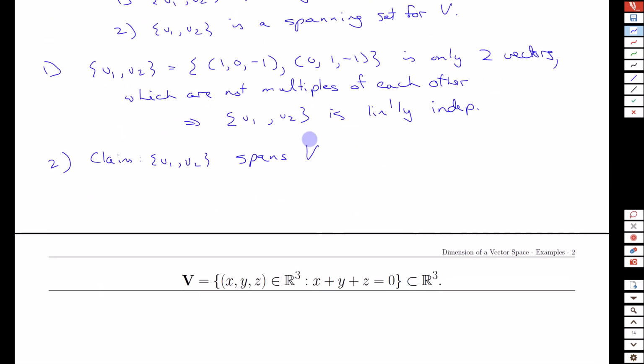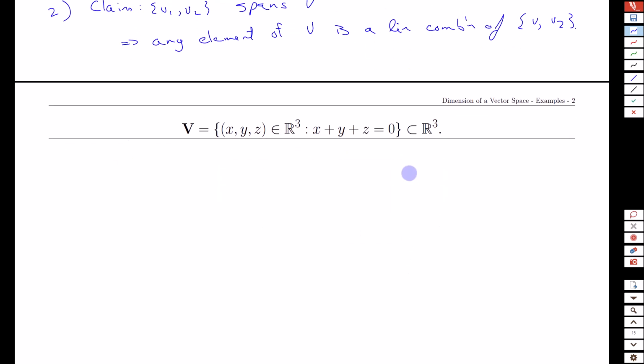It means that any element of v is a linear combination of those two vectors, v1 and v2. So how do we prove that? Well, what we have to do is grab an arbitrary element of this vector space v.